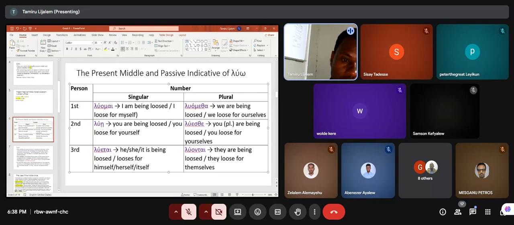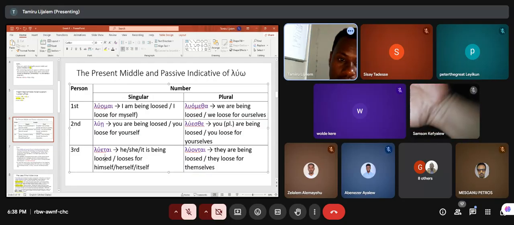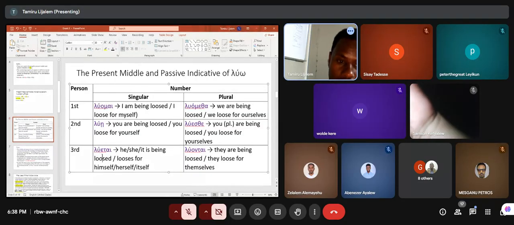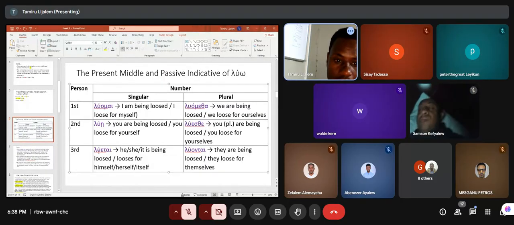This one is the person number suffix, as we discussed before. This one is the lexical morpheme or stem. So he, she is being loosed or loosed for himself, herself, or itself.